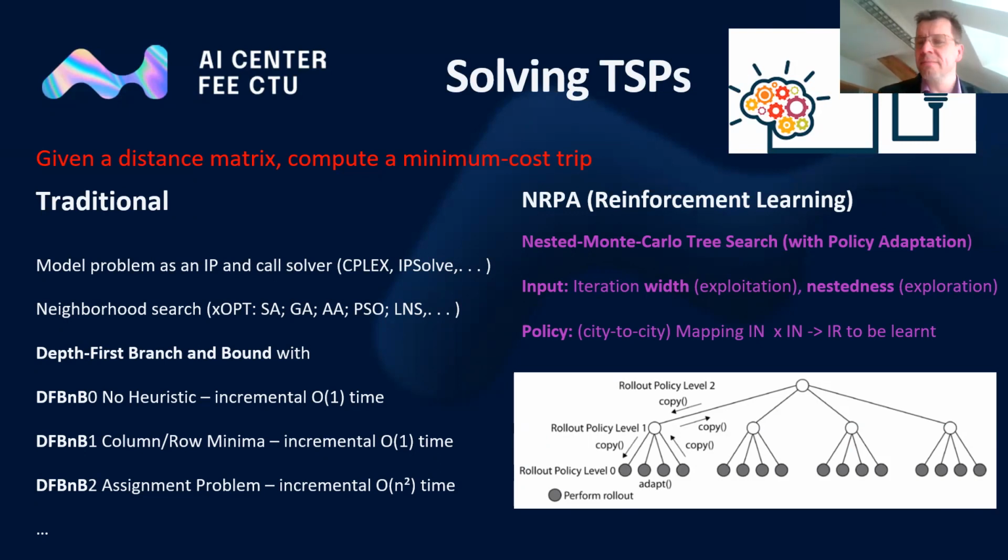But many follow-ups and also the precursors are by Tristan. It's called nested Monte Carlo tree search with policy adaptation, or only nested tree search with policy adaptation. Actually, it's not a tree search at all. Nested rollout policy adaptation is probably the best wording.